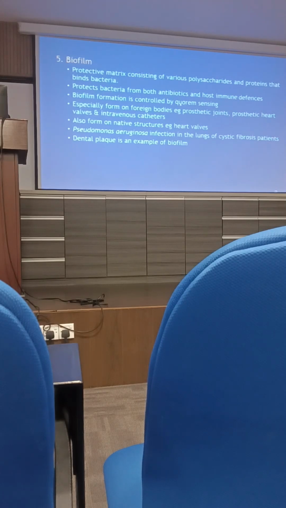Yeah, quorum sensing. So biofilm formation is one of the virulence factors that is controlled by quorum sensing in bacteria. So when bacteria reaches a certain number in the population, it communicates between each other through cell signaling, okay, and it can turn on certain genes, for example, to produce biofilm.